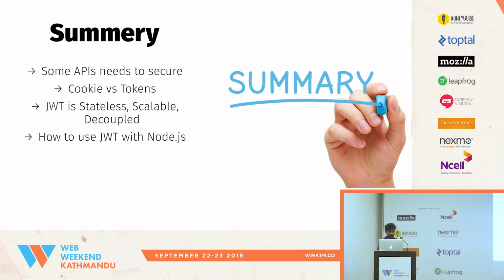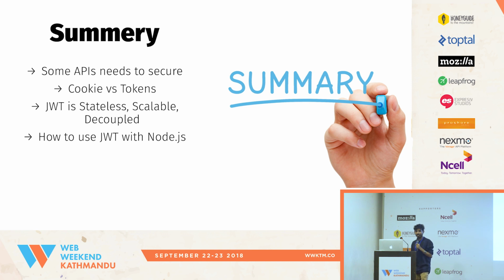So this is a summary of what I told. Not all APIs need to be secure, but some of the APIs need to be secure. So you need to find a way to secure them. The easiest and better way in this modern world is to use JWT. And we have a method for cookies plus tokens, but from my side you can use tokens.